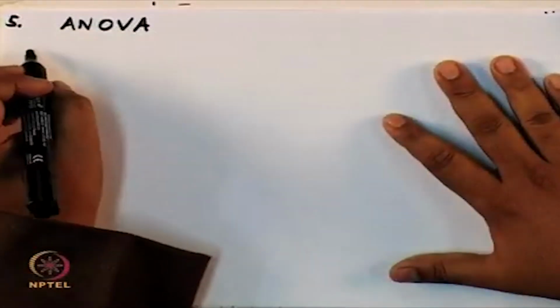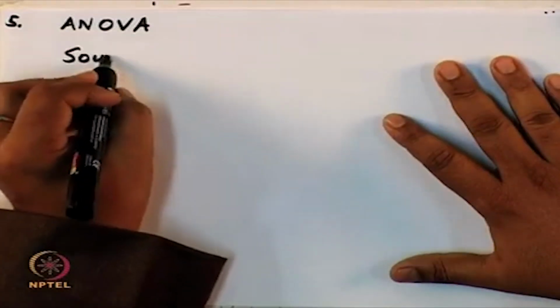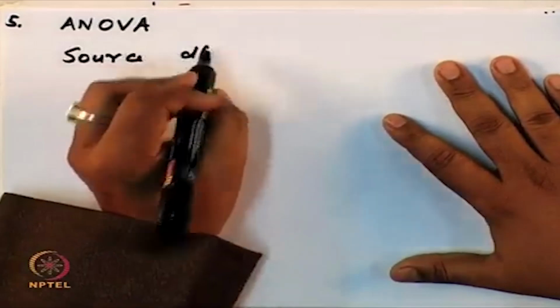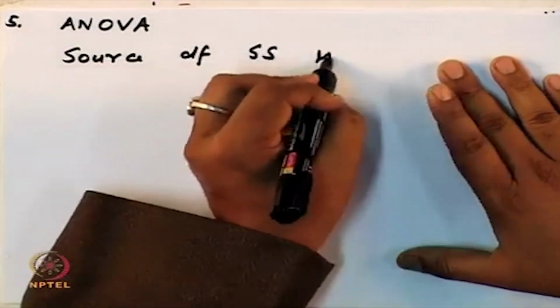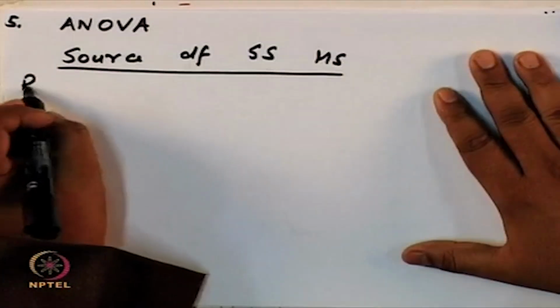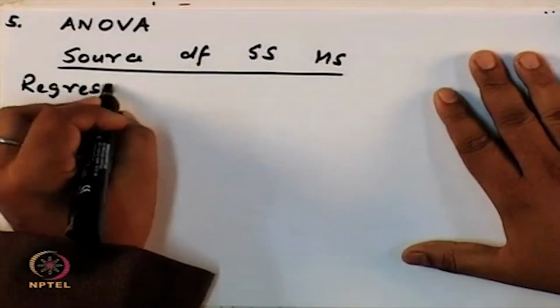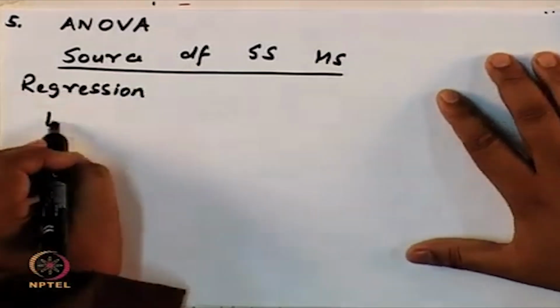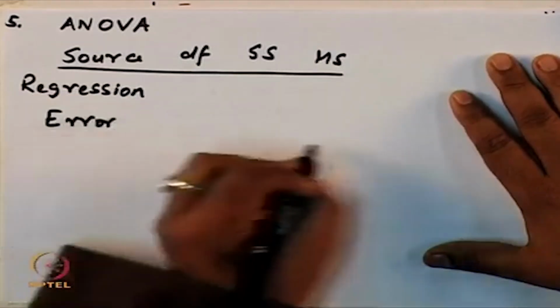So, if I write down the ANOVA table, okay, your ANOVA table should look something like this. Okay. Source, degree of freedom, SS and MS. Okay. Your source is regression and error, which are the two components of the total.